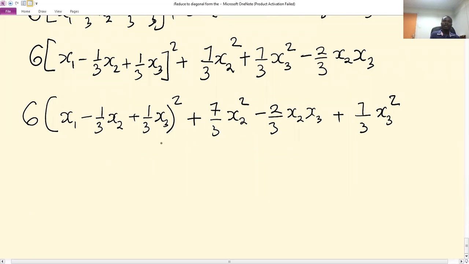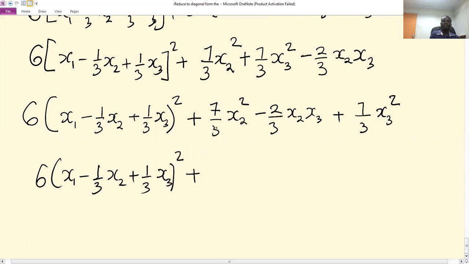So this one I can write as 6(x1 minus a third x2 plus a third x3) squared. Now I factor out 7/3. So I'll have x2 squared minus, now what should I multiply by 7/3 to get 2/3? So this would be 3/7, 3/7.